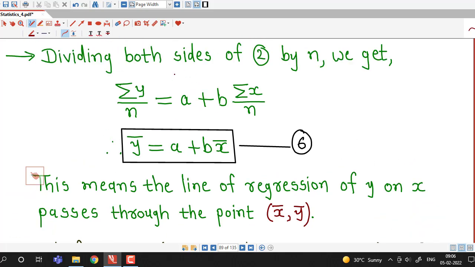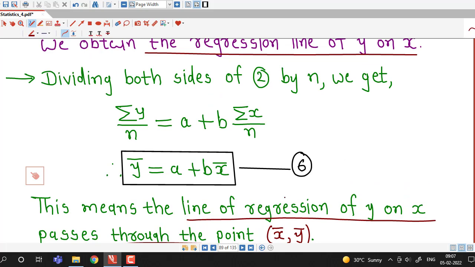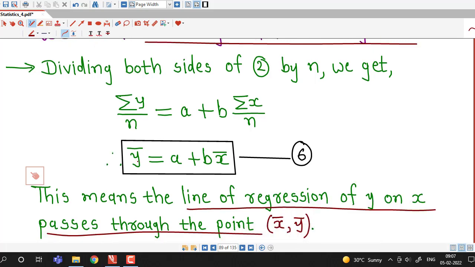So here I have written, dividing both sides of 2 by n, we obtain y bar equals a plus b x bar. This means that the line of regression of y on x passes through the point x bar, y bar, or we can say that this point lies on the line of regression of y on x.